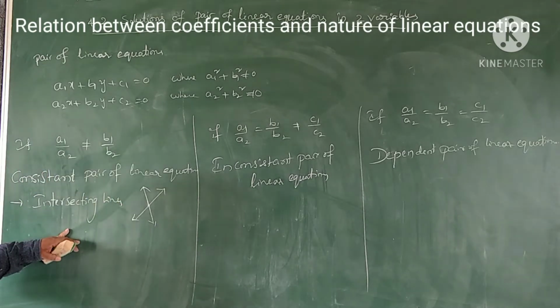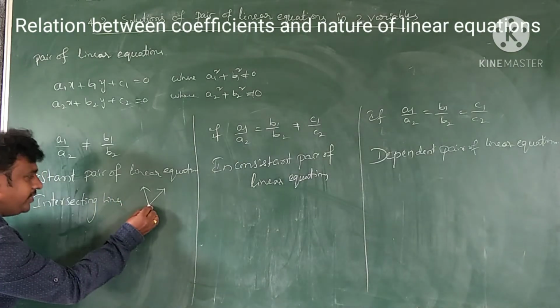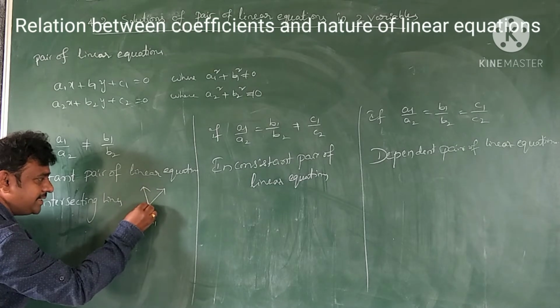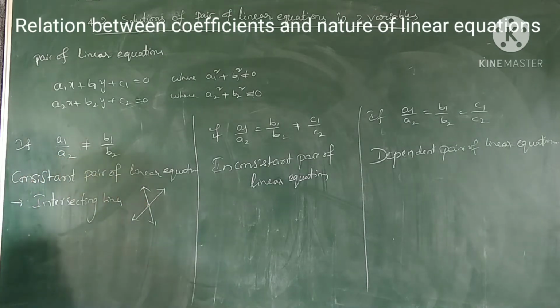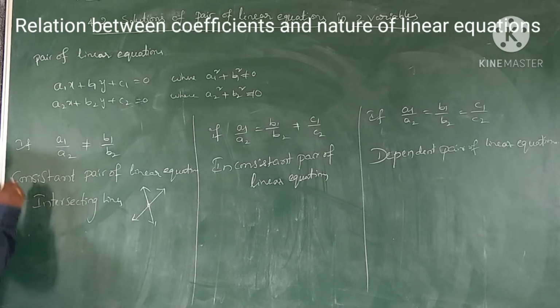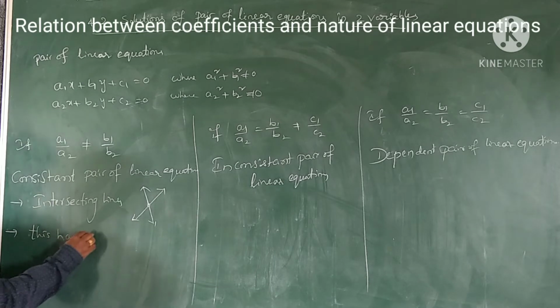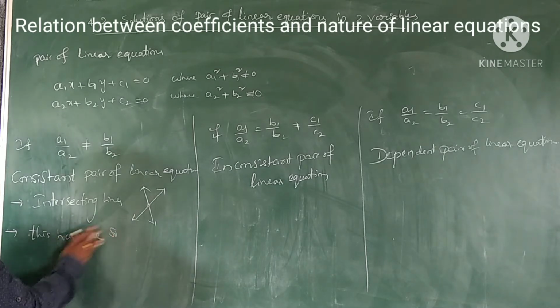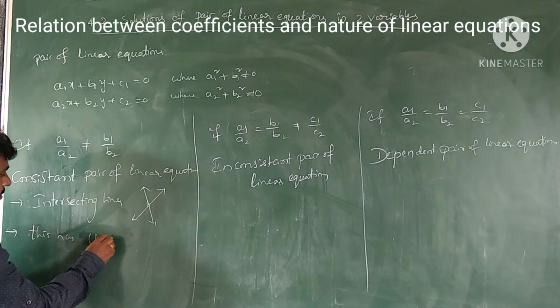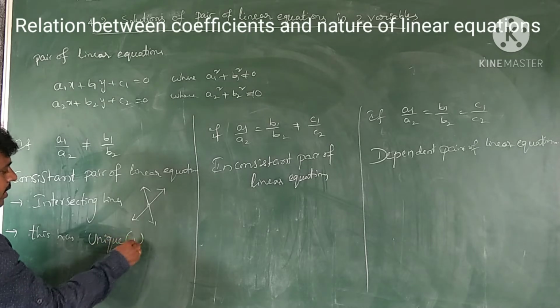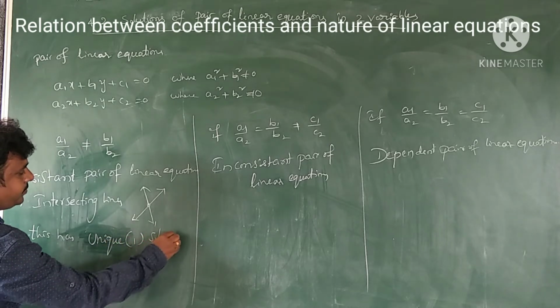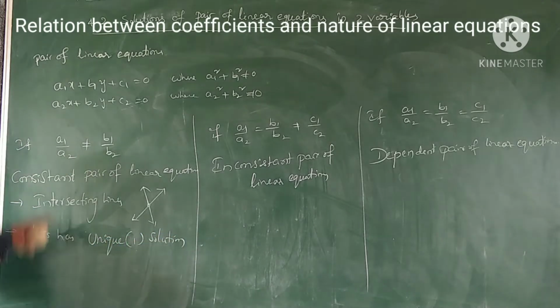This pair represents intersecting lines. These two lines are intersecting at a unique point, one point. So this pair has one solution, unique or one solution.